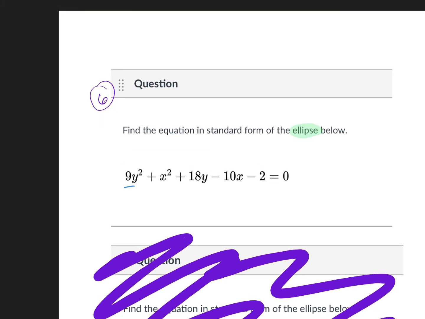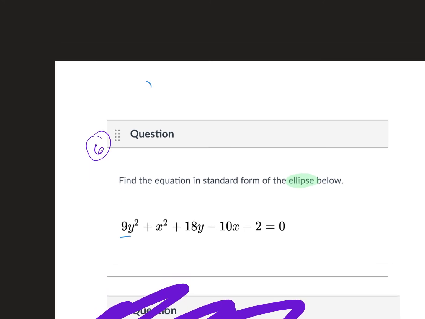So my equation of my ellipse is x minus h squared over, I'm going to actually just write it as I normally would, a squared. Then I have plus y minus k squared over b squared equals what? 1.